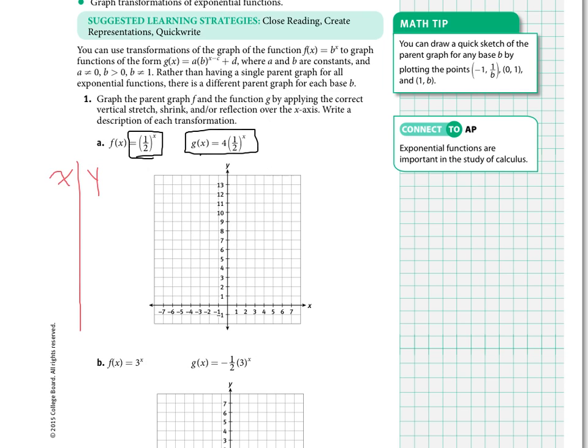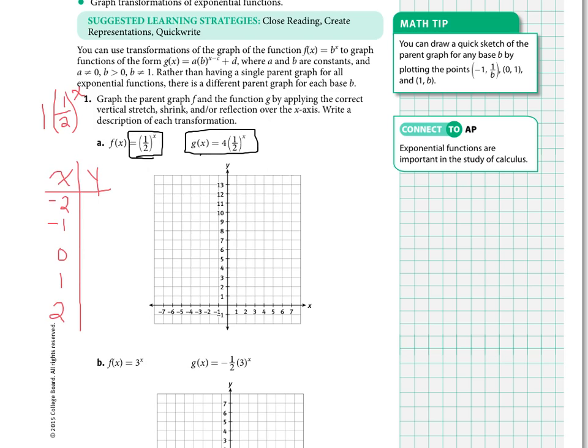Let's make a table. Let's go from -2 to +2. Now, if you have your calculator handy, you could put 1/2 to the x in your y equals and make a table that way. I'm going to do it by hand. Now, remember, if there's nothing on the outside of that parentheses, it's like having a 1 times 1/2 to the x.